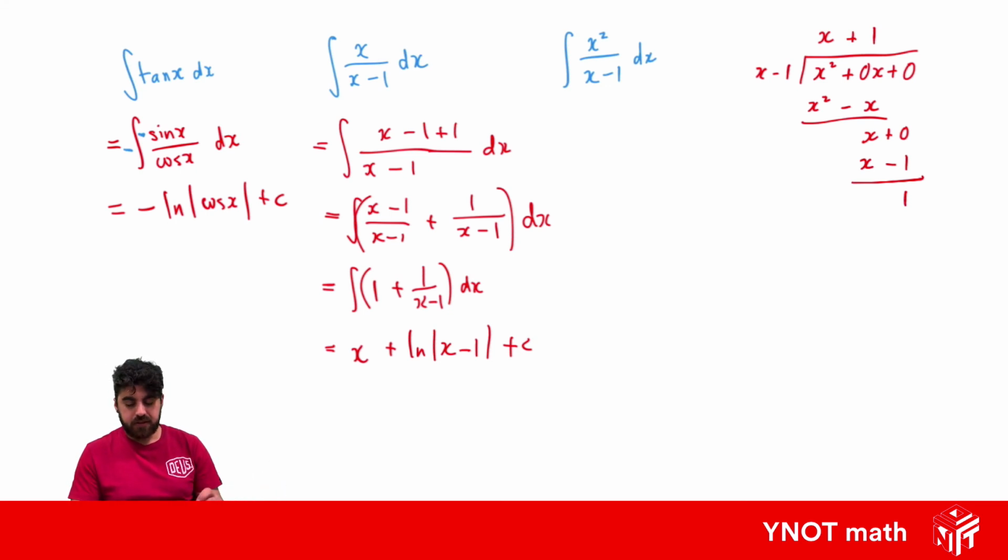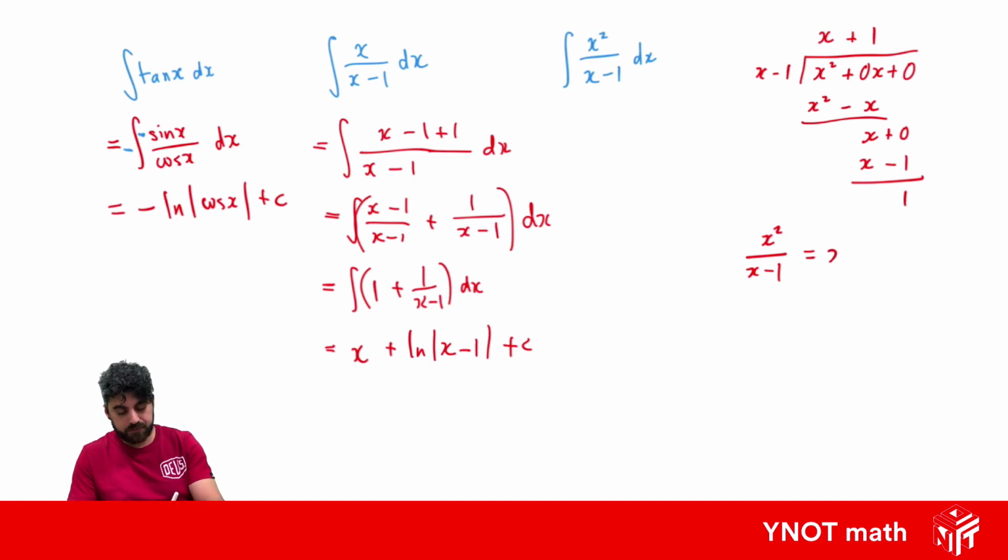Now, the point of doing that is that we can come to the conclusion that x squared over x minus 1, that was our division, because we were taking x squared and dividing it by x minus 1, resulted in an answer of x plus 1.